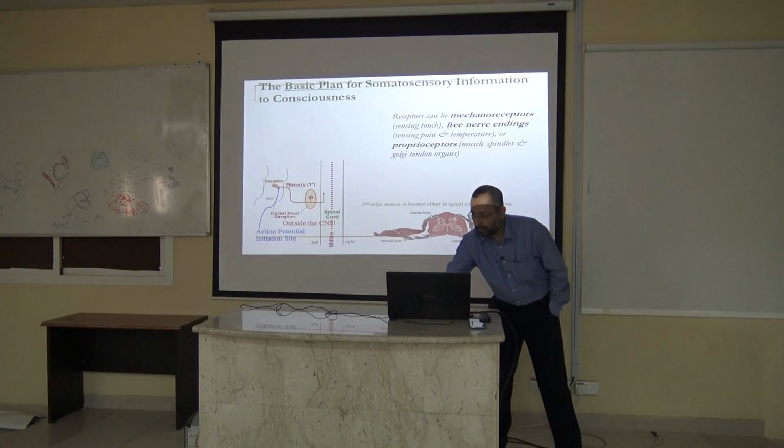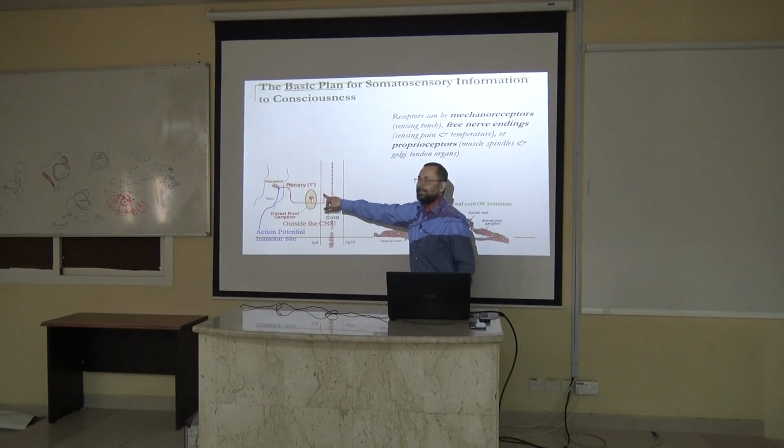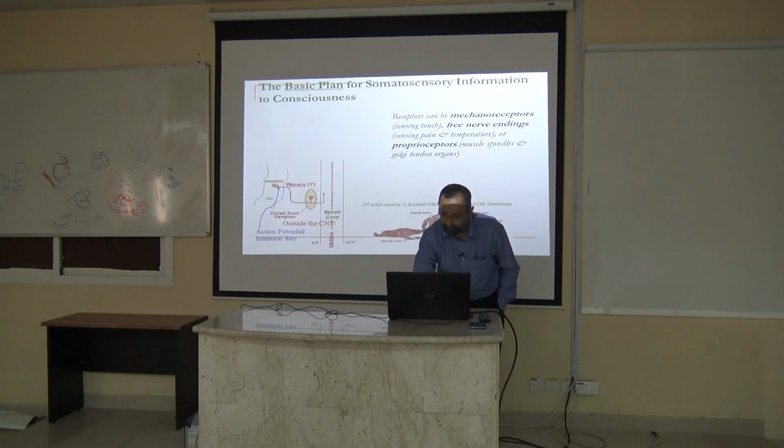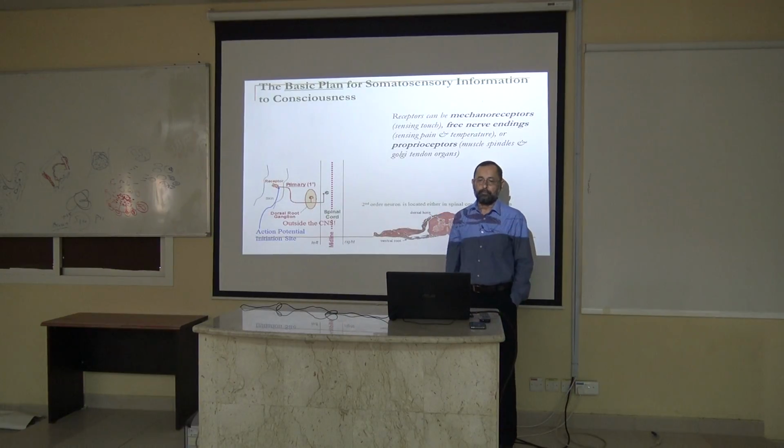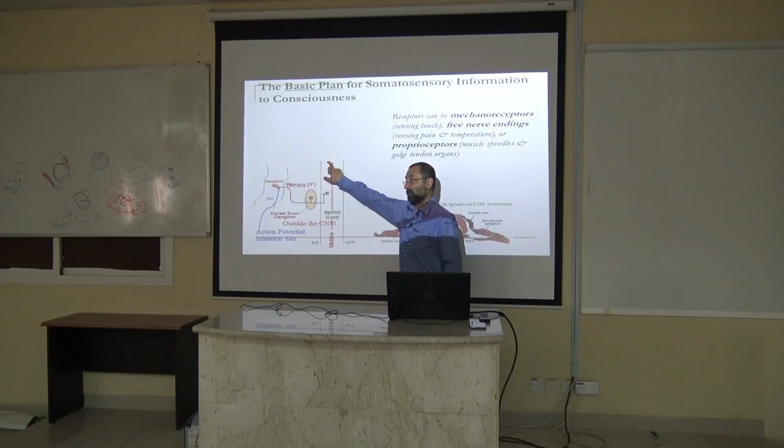Now, we are talking about the second order neuron. The fiber has entered centrally, all right? Now you see another neuron cell body which is present in the spinal cord. Or it could be present in the brain also.